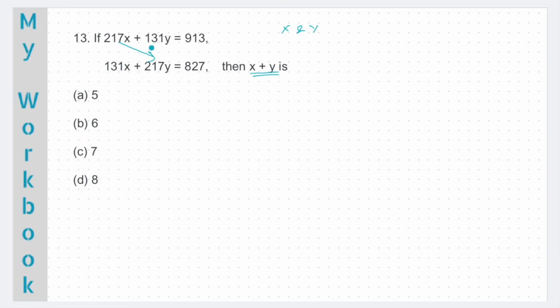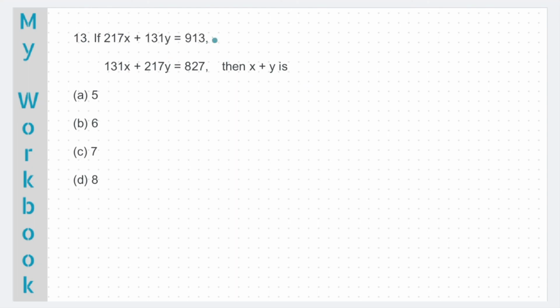Also, the coefficients are pretty big numbers, 217, 131, and constants 913, 827. So the simpler method here would be to add these two equations and form a new set of equations.